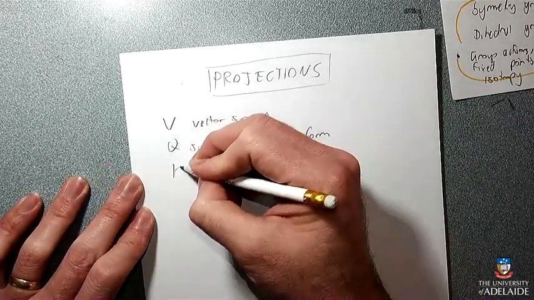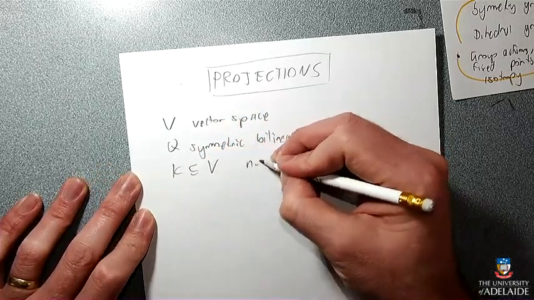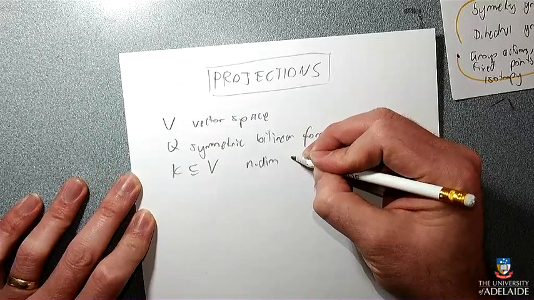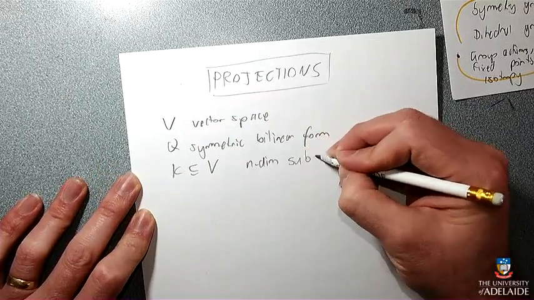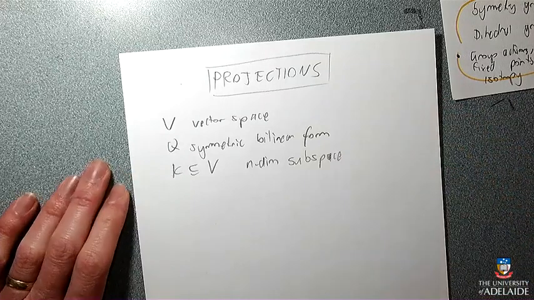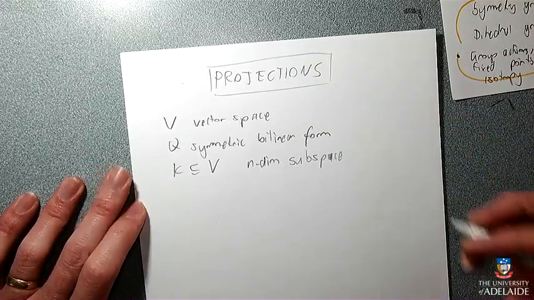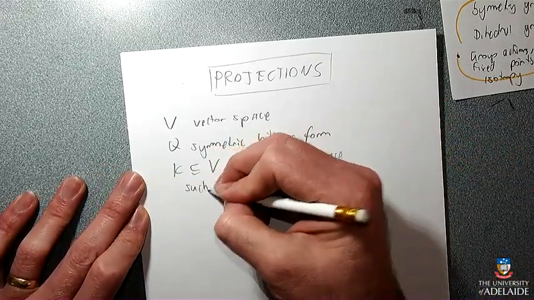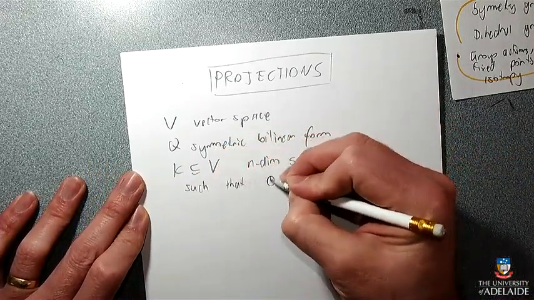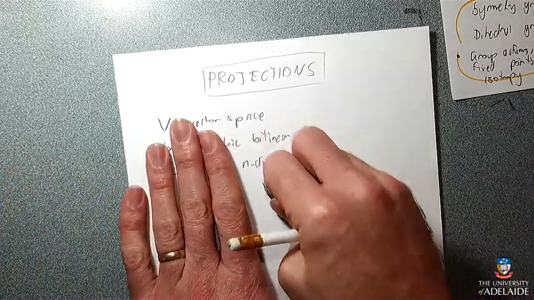And we have K, which is contained in V, an n-dimensional subspace such that, no, wrong Q. Sorry, I'm so used to writing Q as the rational numbers.